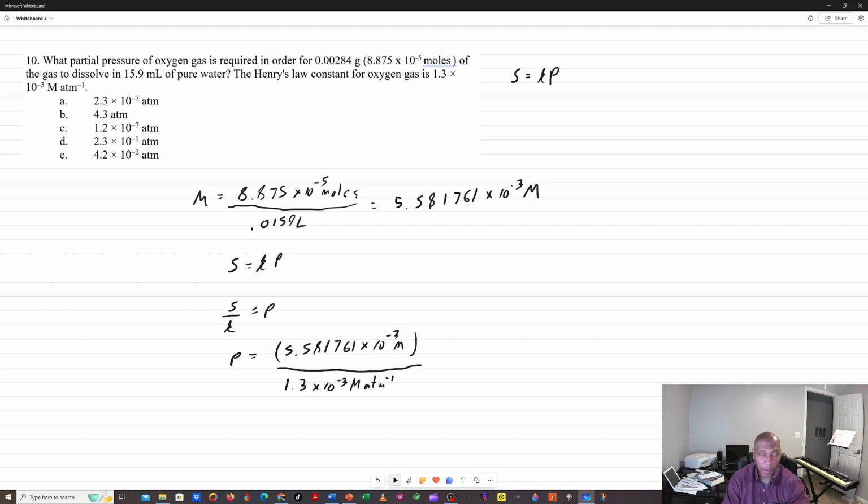Since I have a molarity in my numerator and molarity in my denominator, they cancel out. I have reciprocal atmospheres in my denominator, which means I have atmospheres in my numerator. So I have the right units, so I know I did this problem correctly.